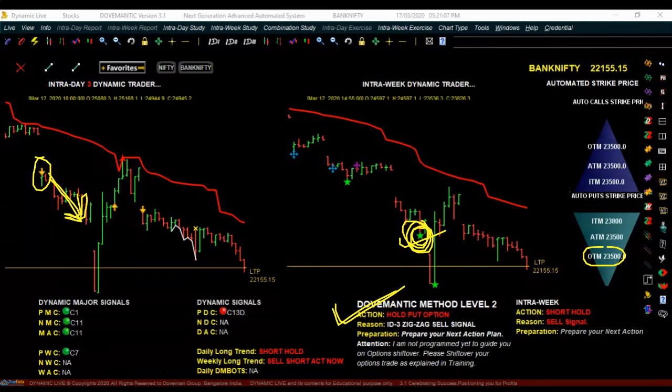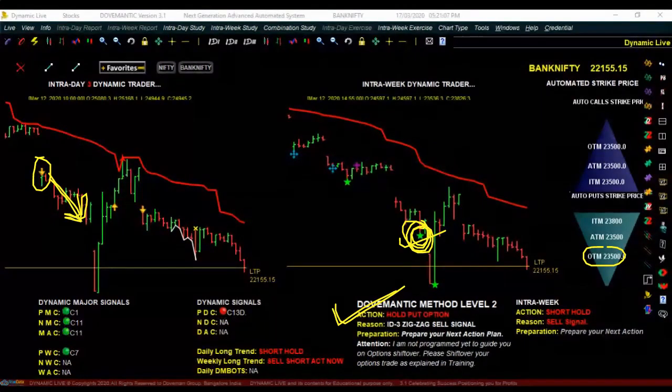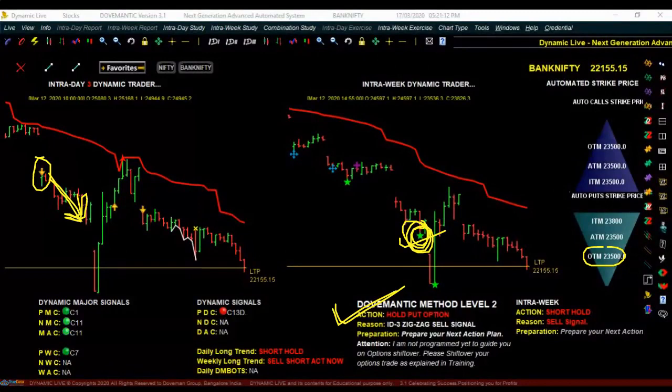Out of this 600 points profit, I will reinvest part of the profit and buy another put option, right? So now I will go buy a 23,500 strike price put option once again. Earlier I had bought a put option. I'm again buying a put option, but at a different strike price. At 23,500 strike price, the premium available is 150 rupees.